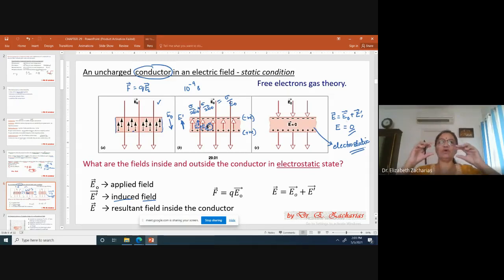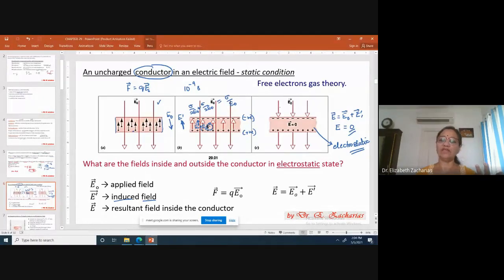Inside the body of the material, now there is no electric field. And those two charges which got separated, the negative charge and the positive charge, will go and sit on the surface, and they don't move after that. It is a static condition. What about the field outside? The field outside will be the same E naught that you applied.